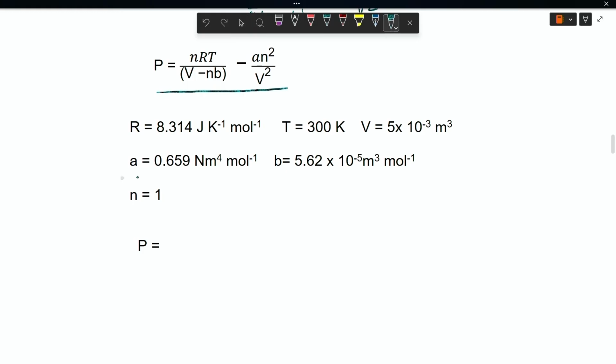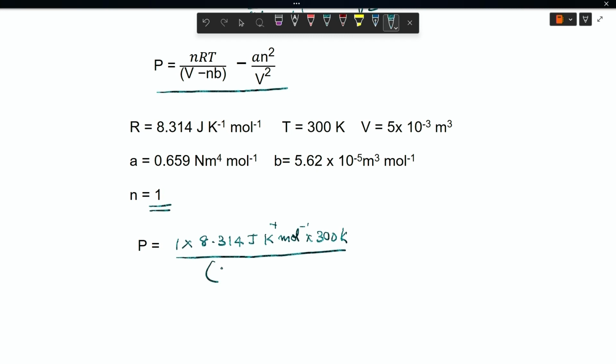Now, we will substitute the values in this equation, and then you can solve for it. The value of n, we have already calculated it. So, no need of calculating that. We have n is equal to 1, R is equal to 8.314 joules per Kelvin per mole, then T is 300 Kelvin divided by V minus nb.